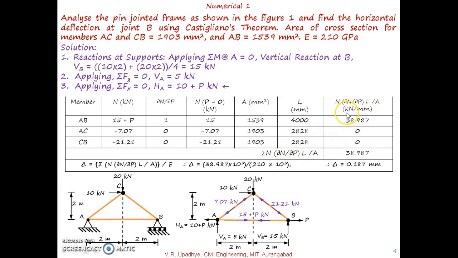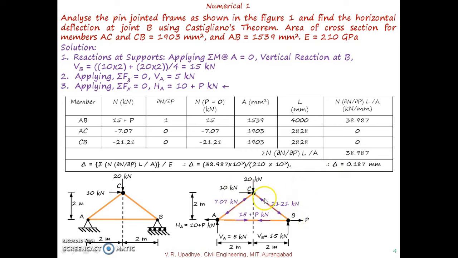So that is to be converted into Newton, so it is multiplied with 10 to the power 3, divided by Young's modulus. Young's modulus is given as 210 gigapascal, so that is to be converted into megapascal or Newton per mm square. So that is again multiplied with 10 to the power 3. And if we calculate this total sum, delta becomes 0.187 millimeter. So that is the horizontal deflection taking place at B.